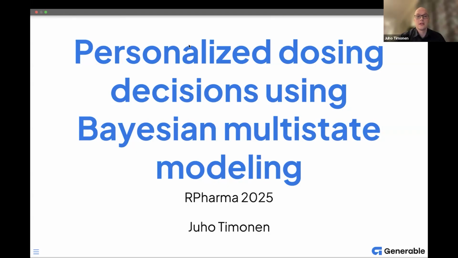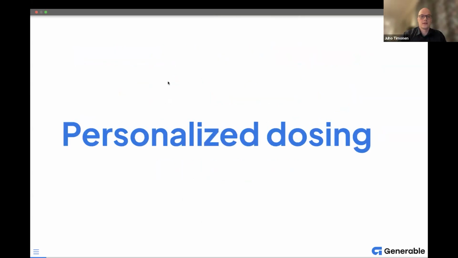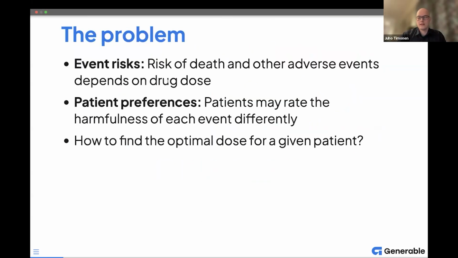The task for which we developed this package initially was personalized dosing decisions, and the multi-state modeling comes in so that we are able to predict risks of different events. This dosing problem depends on, for example, an anticoagulant drug that can cause a higher risk for some adverse events and a lower risk for other events, such as hemorrhagic and ischemic events, and then the patients can die or get a disability.